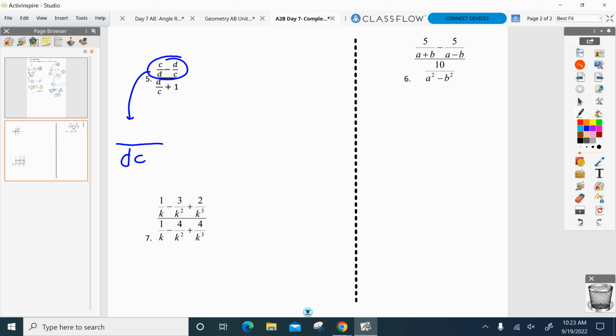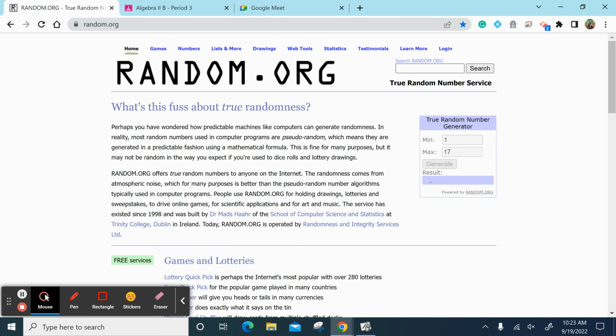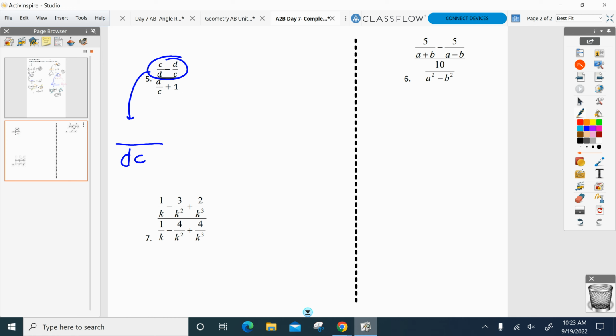All right, take your time. This got confusing last period. What do I need to multiply C, this first fraction, by to get to my common denominator? It's C squared. What do you multiply this c by?